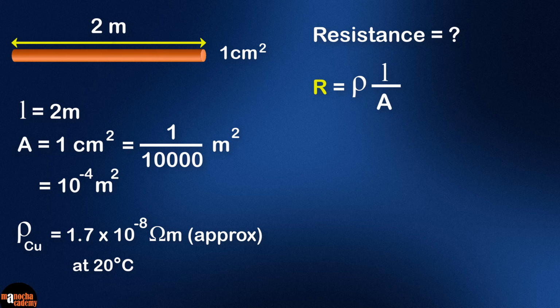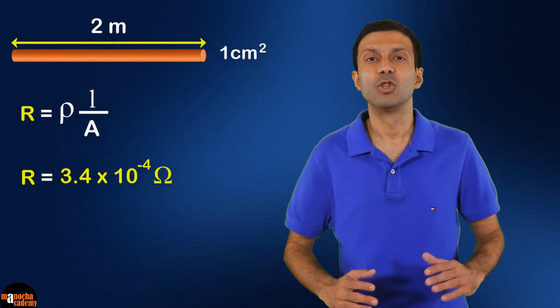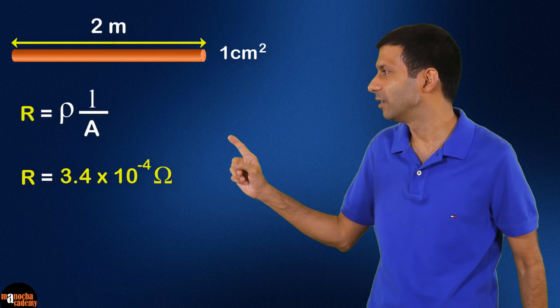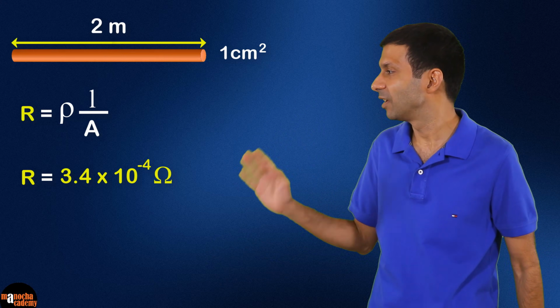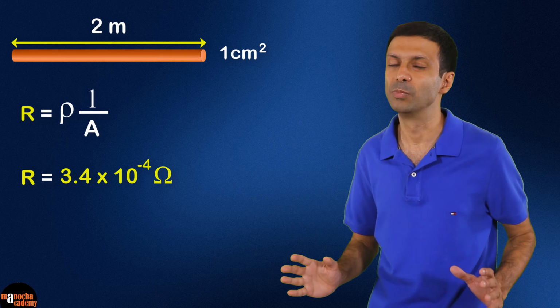Now we can substitute the values in our formula for resistance R equal to rho L by A, and we get R as 3.4 into 10 to the power minus 4 ohm. So the resistance of the copper wire of length 2 meter and area of cross section 1 centimeter square is 3.4 into 10 to the power minus 4 ohms.